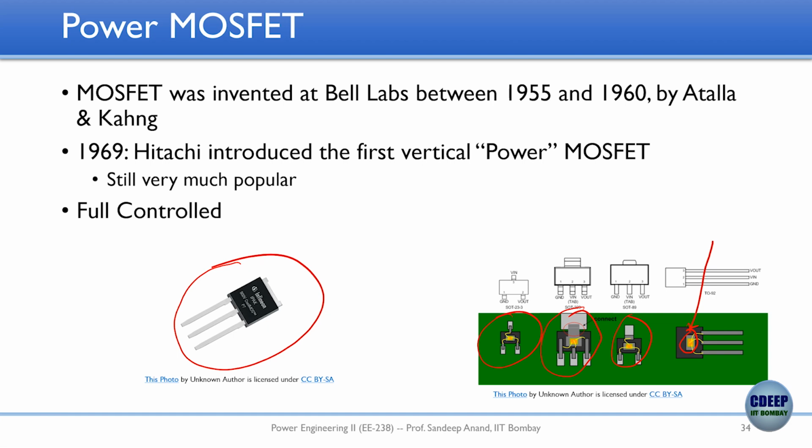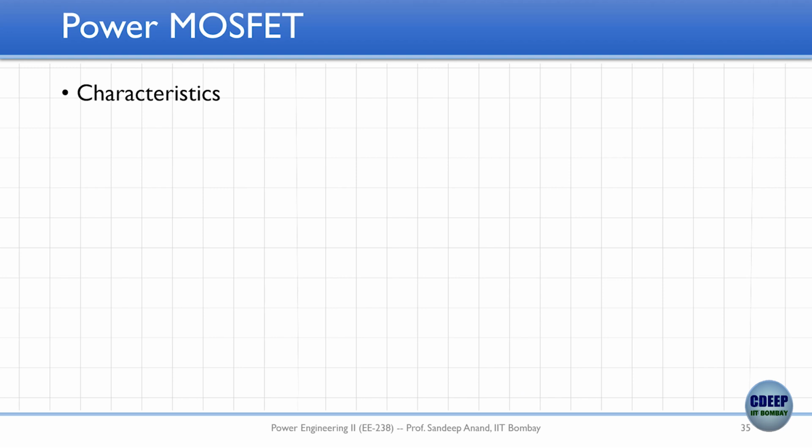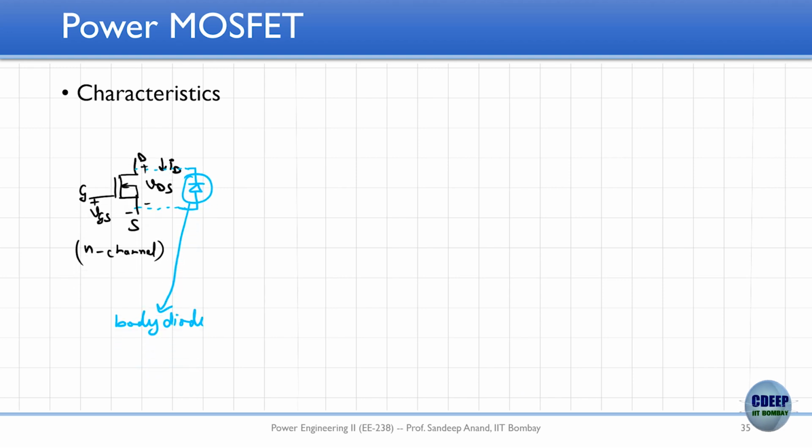So once you had the MOSFET, a lot of things were possible. This is the structure, this is how the MOSFET looks and how you draw it. There's a drain, a source, a gate to source voltage, and then there is something called a body diode. What does a body diode mean? Consider a MOSFET structure like this, with drain, source, gate.